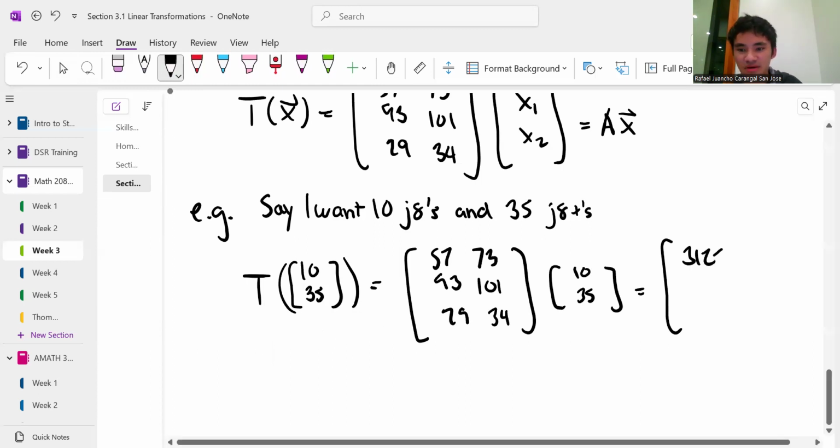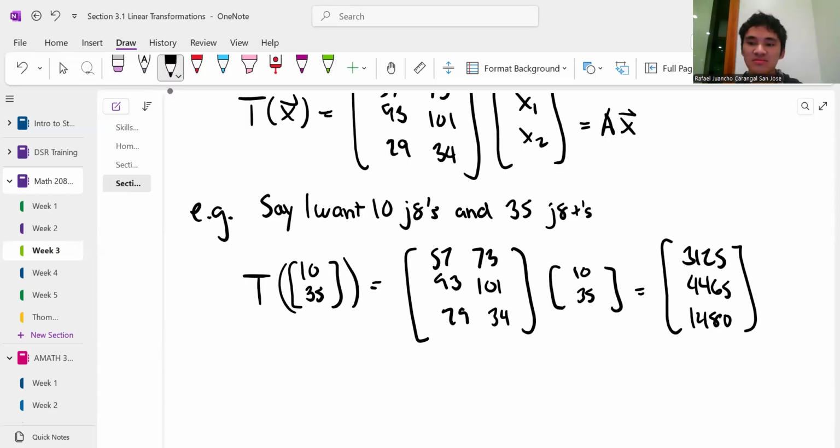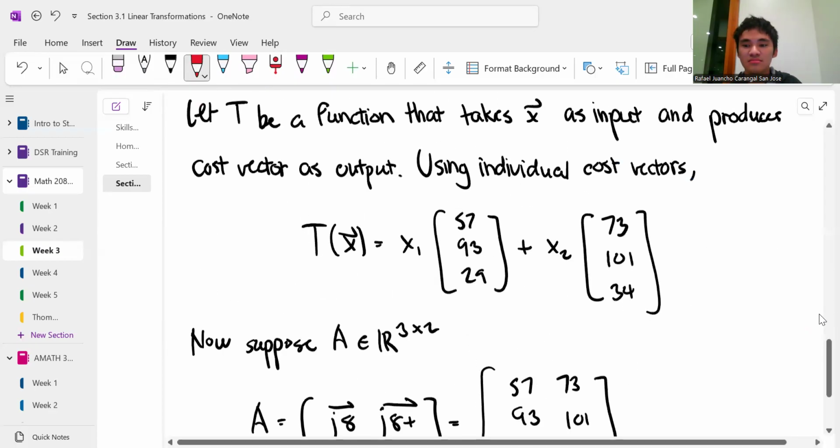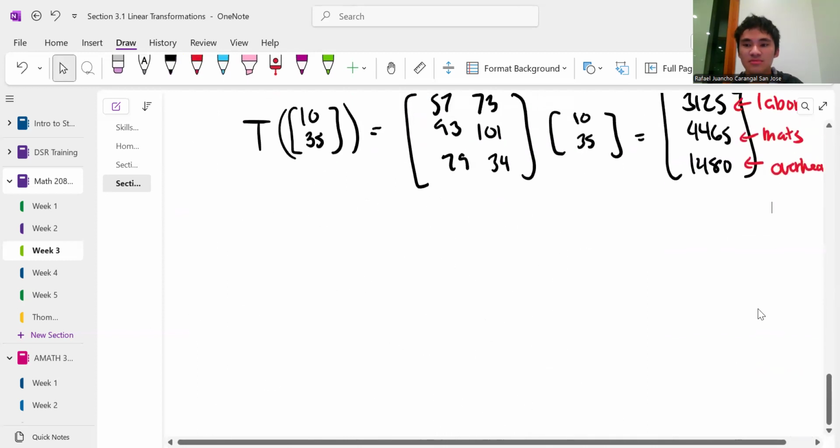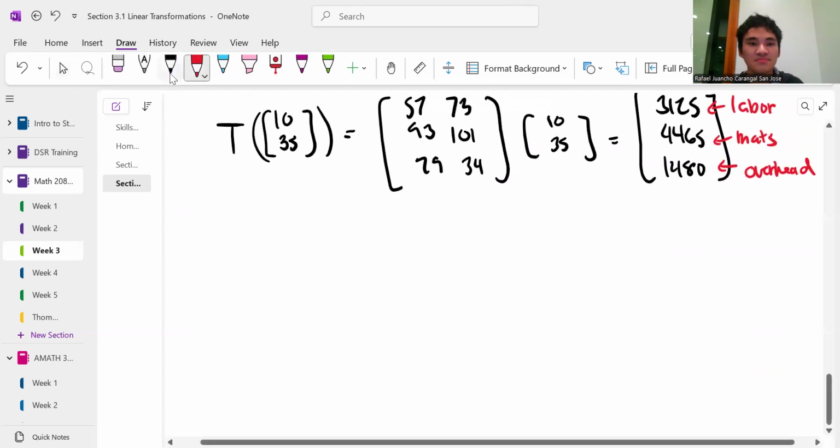So we get 3125, 4465, 1480. So that's the cost vector. That's how much labor you need in dollars, materials, and overhead.